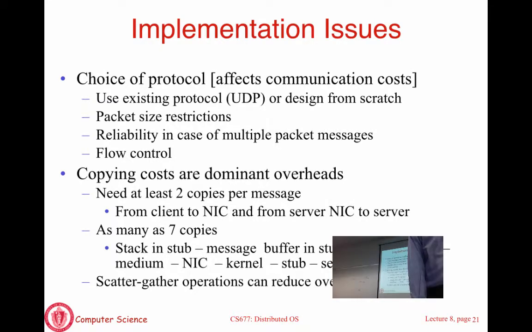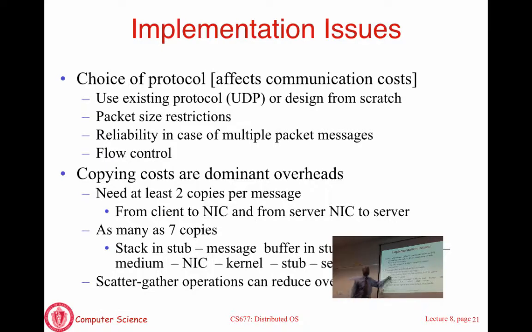It will appear at the other end. When it appears, it will sit in the memory of your NIC, the network interface card, and from there you will copy it back into the server process. Two copies: data gets copied from the application to the network card, goes over the network, and from the network card at the other end, it gets copied into the server process. But that is not all that is actually going to happen.